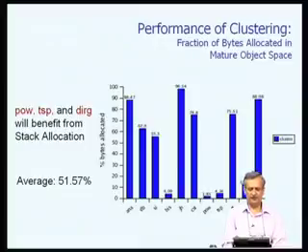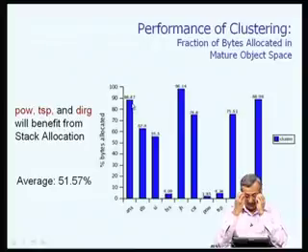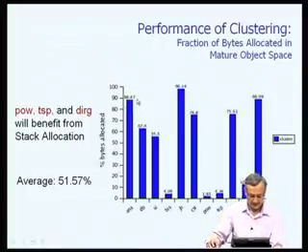So, this is regarding the memory space requirement. What about the performance of clustering? Consider the fraction of bytes allocated in the mature object space. For example, if you look at the total amount of memory space, 88.47% for ANA was allocated on the mature object space, whereas for PO 1.85% was allocated on the mature object space.